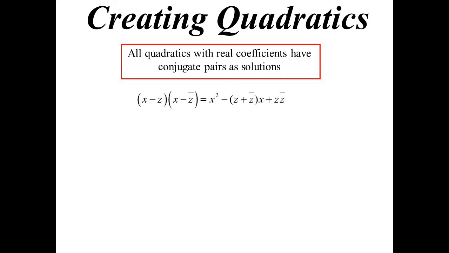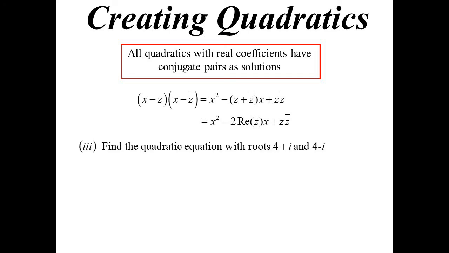If I expand that out, we can see what happens. The middle term becomes minus z plus z conjugate. Well, if you add a number with its conjugate, the imaginary part's going to cancel out. You'll end up with a real number. And the constant at the end is z times z conjugate, and we saw that was equal to the real part squared plus the imaginary part squared.